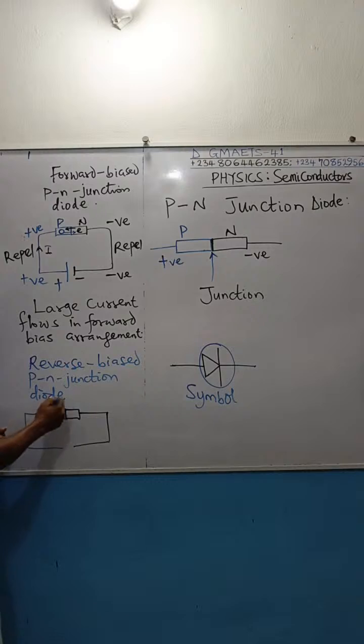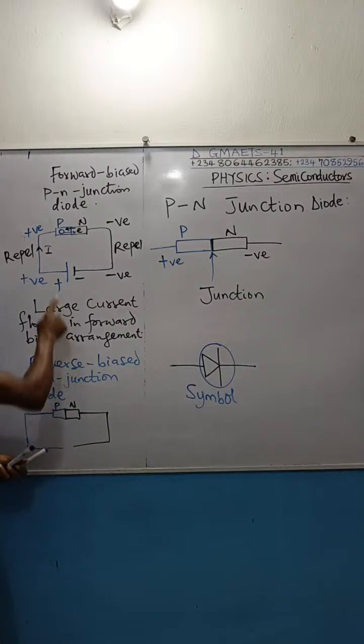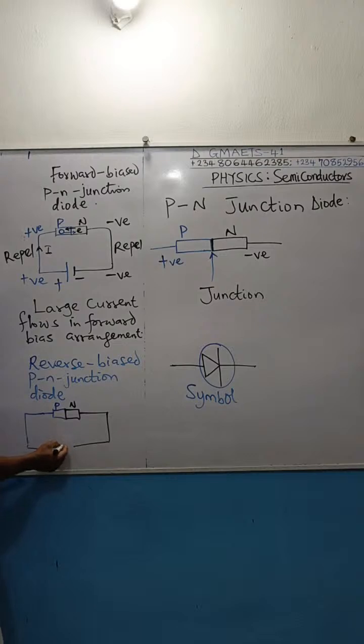Remember, this is your P and this is your what? N. So reverse the terminals of this cell, which means that negative will now come here, while positive will come here. This is too fast, so let me bring it close. So this is positive, and then this is negative.